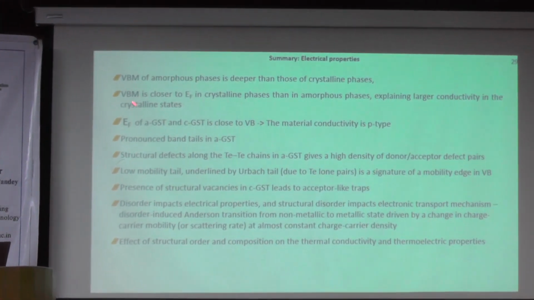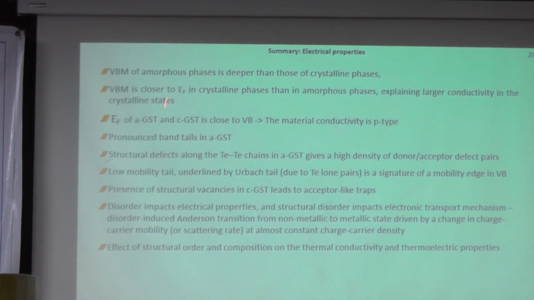Then the Fermi level in crystalline phases is closer to the valence band compared to amorphous phases, and this explains the large conductivity in the crystalline states. The Fermi level of both amorphous and crystalline phases is closer to the valence band, and the material conductivity is p-type. We also know about the pronounced band tails in amorphous GST.